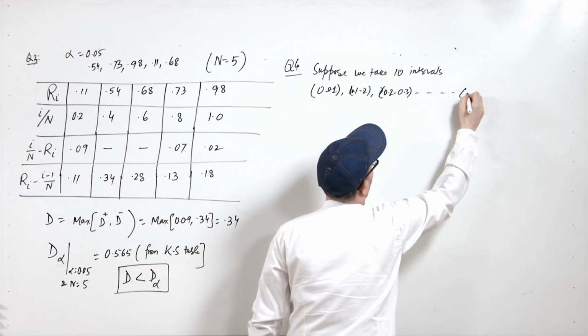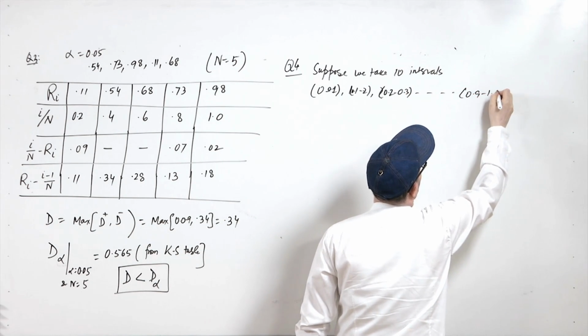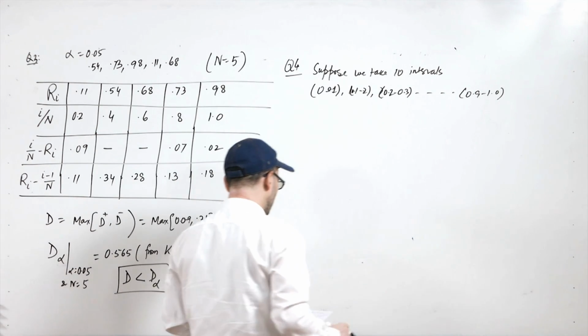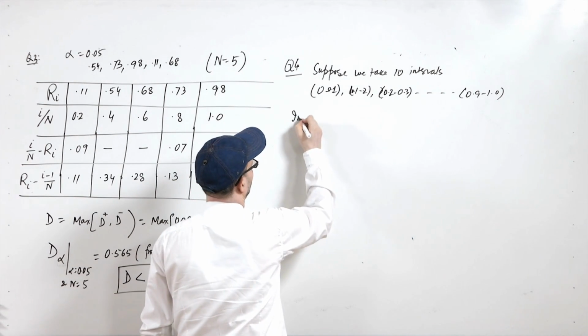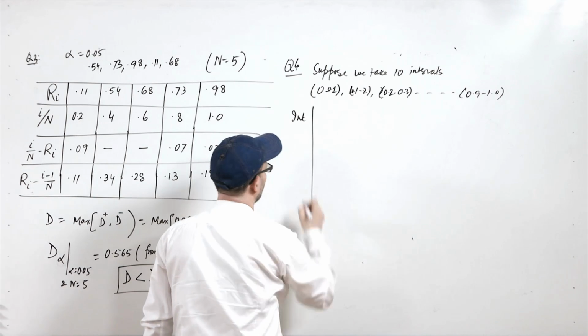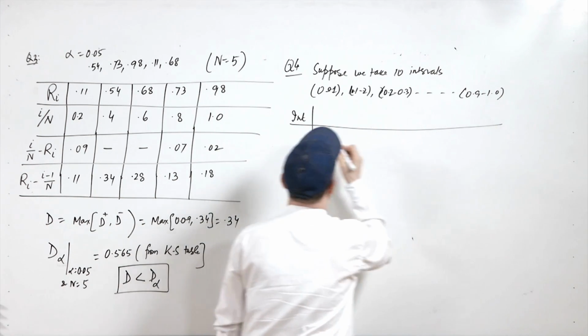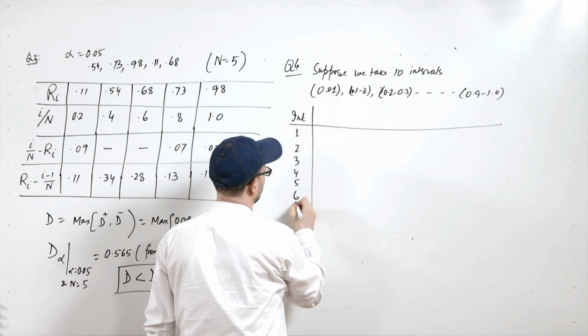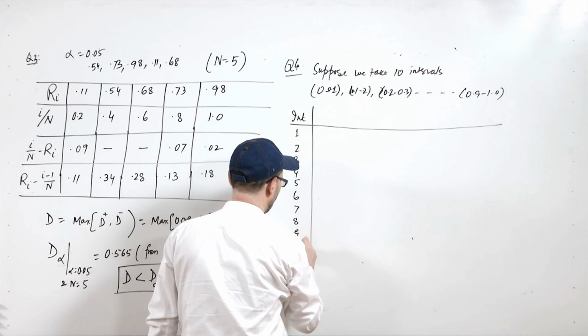The last will be 0.9 to 1. So you will have 10 intervals. If we draw the table, you have interval numbers 1, 2, 3, 4, 5, 6, 7, 8, 9 and 10.